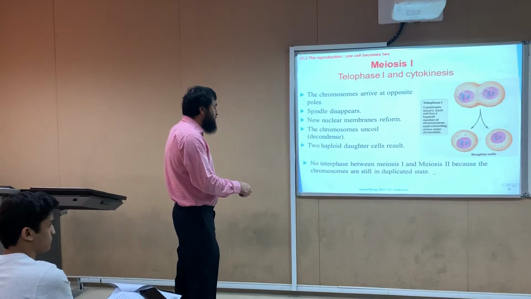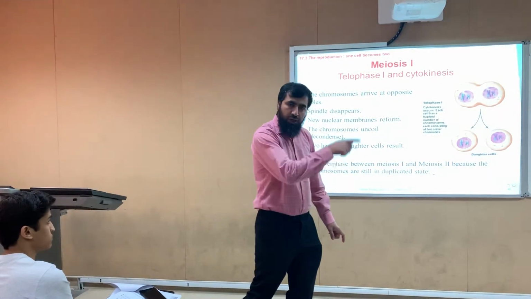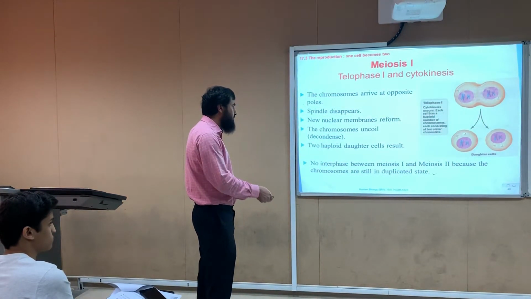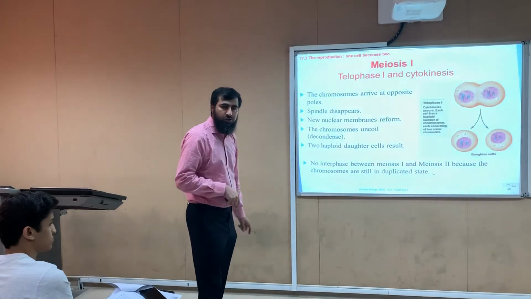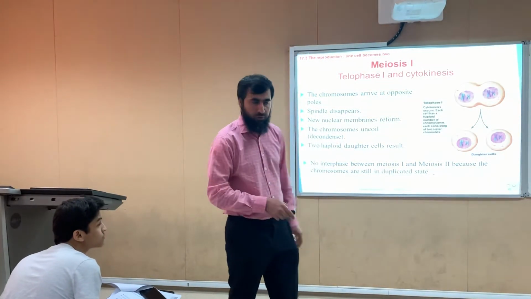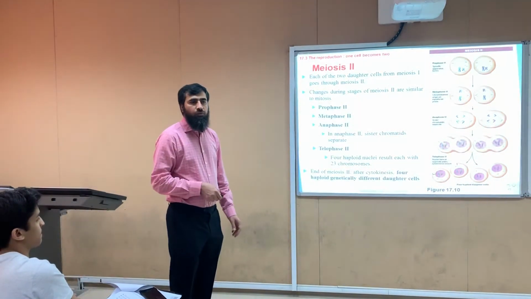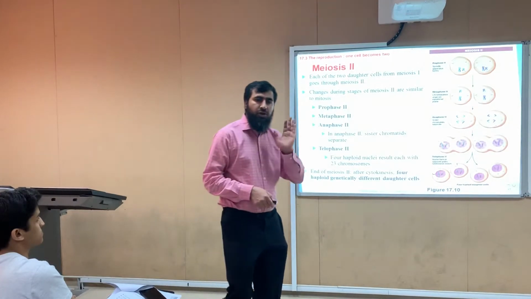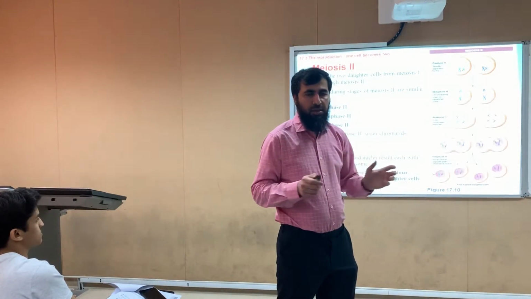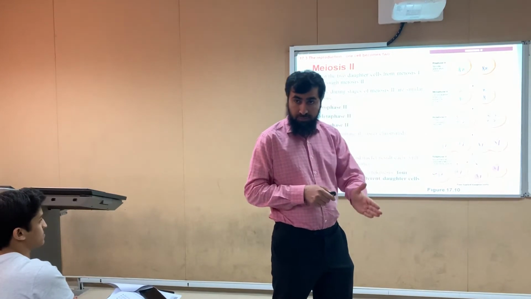And as I mentioned before, there is no interphase between meiosis 1 and 2, so you get straight into meiosis 2, because we still have the chromosomes duplicated. We need to separate the duplicated chromosomes. So meiosis 2 is similar to mitosis. Now you don't get lining up of the homologous pairs, you get lining up of the sister chromatids.